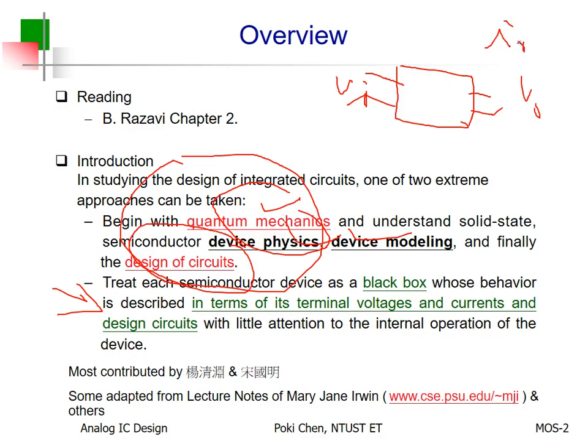Good enough. And what's inside? Forget about it. Because again, EDA tools help us with very detailed equations to simulate the behaviors of such devices. Supposedly, that is the easiest way.